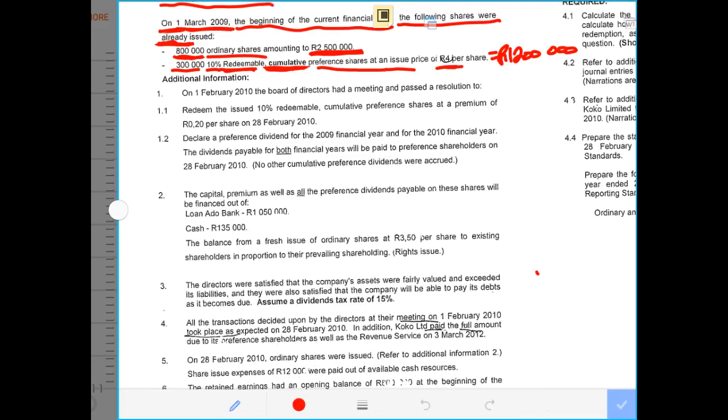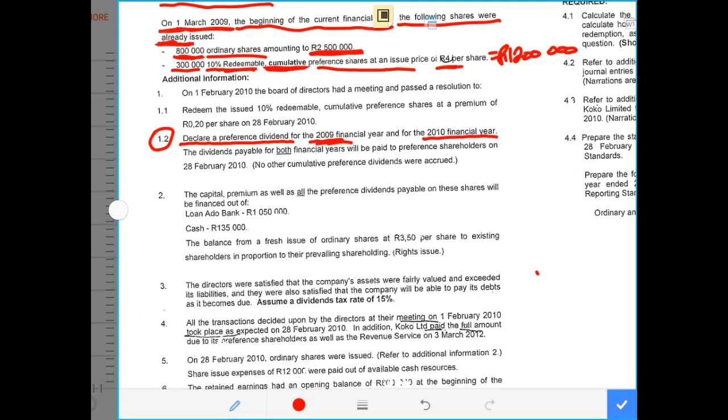So now we have 1.2. 1.2 says declare the preference dividends for the 2009 financial year and the year 2010. It means in the previous year, 2009, there are preference dividends that were not declared, but they were supposed to be declared.